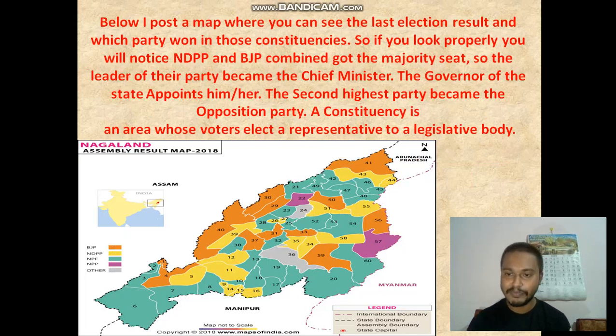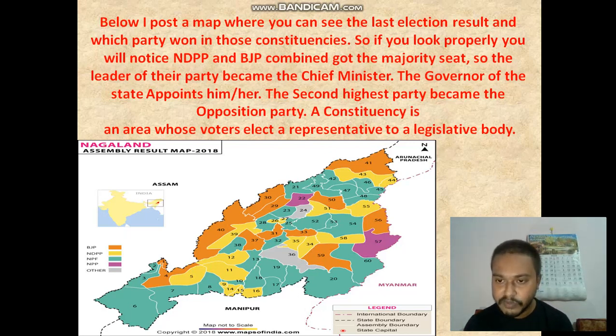Now here is a map that represents the 2018 Nagaland election. Under it, we can see that the parties which own the maximum number of seats have formed the government. For example, in this map, you can see NDPP, in yellow color, and BJP, in saffron color, have the majority of seats.